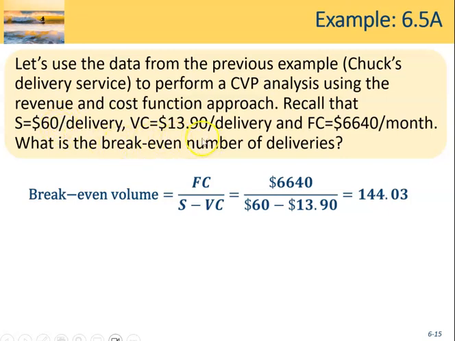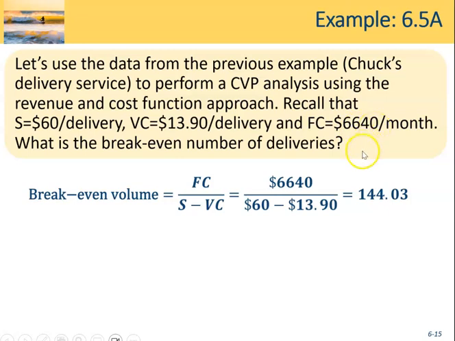Our variable costs, after we figured out what the variable costs were per delivery, worked out to $13.90. And then our fixed cost, when we did it by month, we figured out that our fixed costs, and if you don't remember, go back and watch the video or go back and look at that part of the PowerPoints, we figured out that our fixed costs were $66.40 per month.